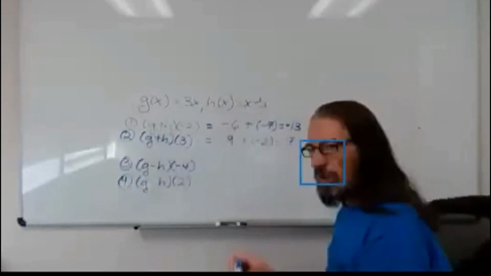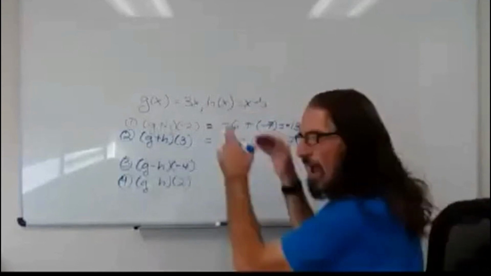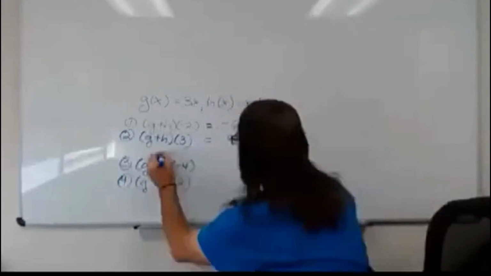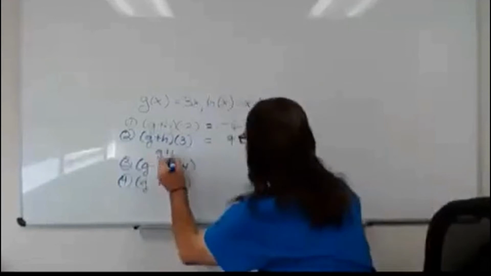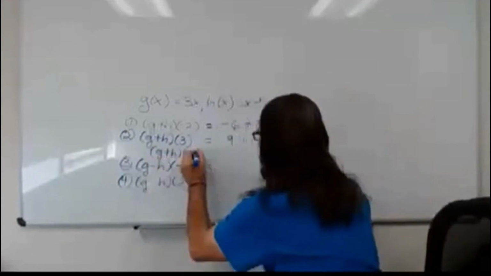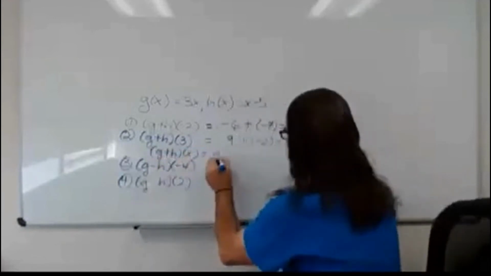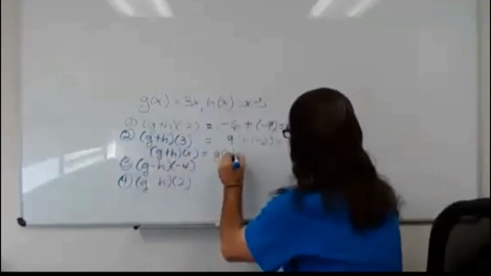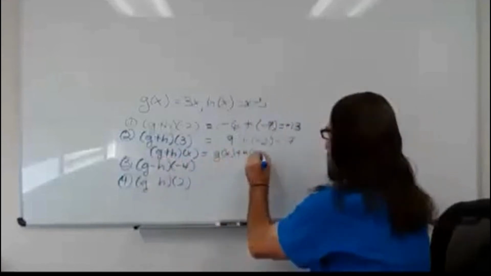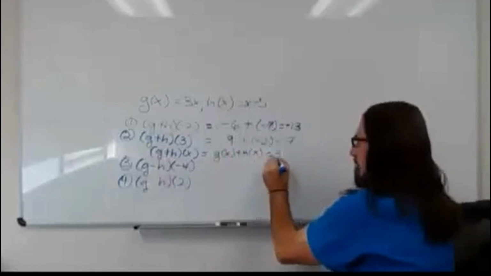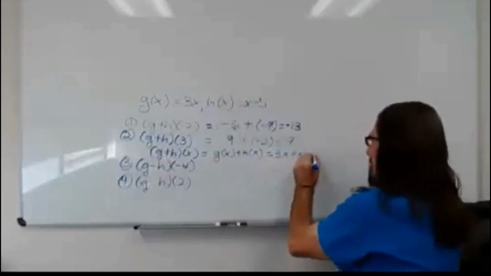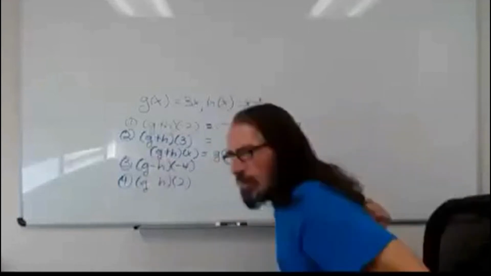I could instead add the two functions and combine the like terms to get 4x minus 5.